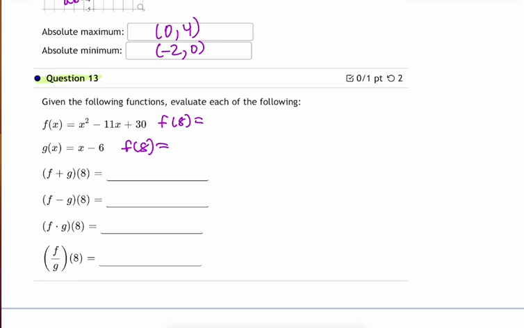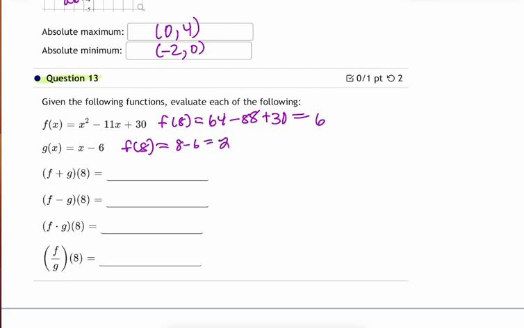Now if I plug 8 into my top function, that's going to be 64 minus 88 plus 30, or 6. I just plugged in, followed order of operations. Now if I plug it into my bottom function, that's just 8 minus 6, or 2.